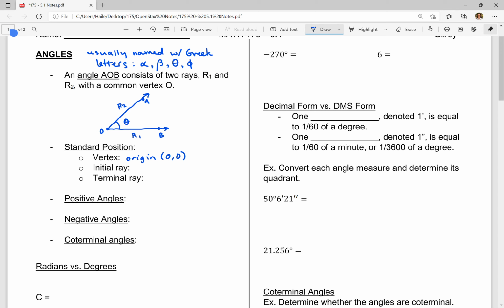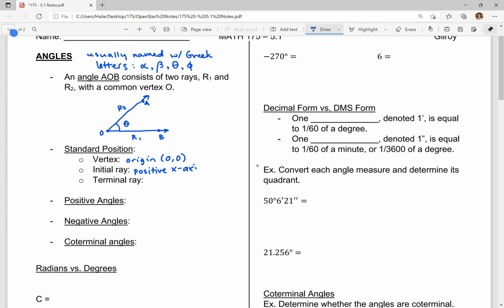And then our initial ray is going to be the positive x-axis. And the terminal ray will be some angle of rotation from the positive x-axis.